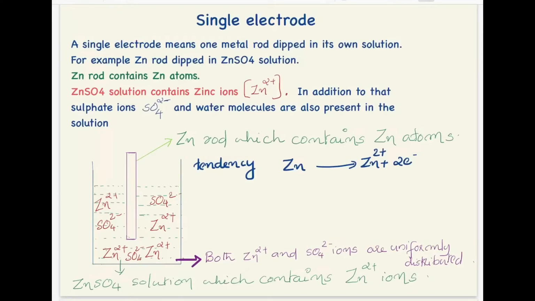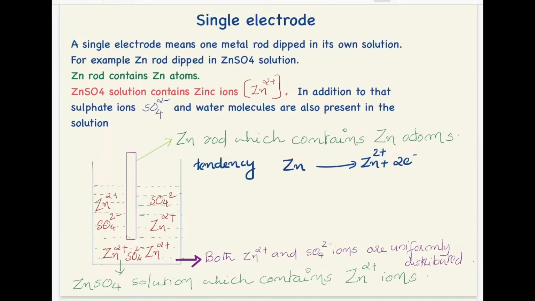Zinc atoms in the zinc rod have a tendency to release electrons to become zinc ions. If it becomes zinc ion, ions cannot stay in the metal rod. What do they have to do? They have to come into the solution.